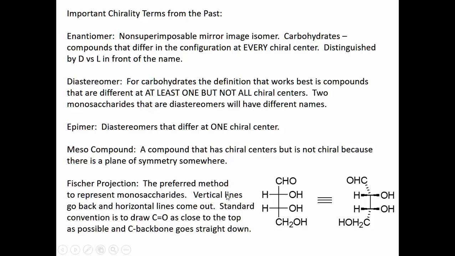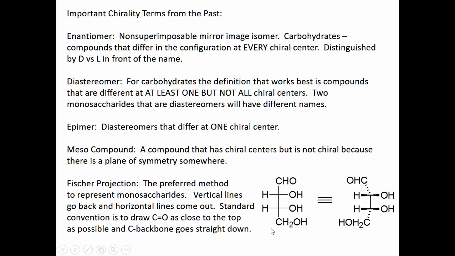Okay, with carbohydrates, they're a little bit more complicated because in most cases we have more than one chiral center. Okay, the standard convention is to draw the C double bond O as close to the top as possible and have the carbon backbone, or carbon chain, go straight down from that point.